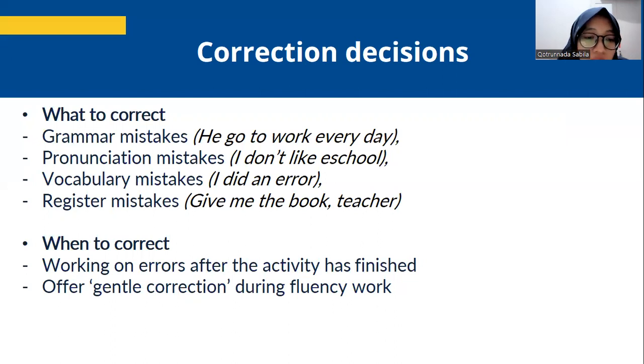A solution is to work on errors after the activity has finished and offer gentle correction during fluency work. What this means is that we may help the students to understand what is going wrong or prompt them to say something better. But we will not treat this as an opportunity for accuracy work.